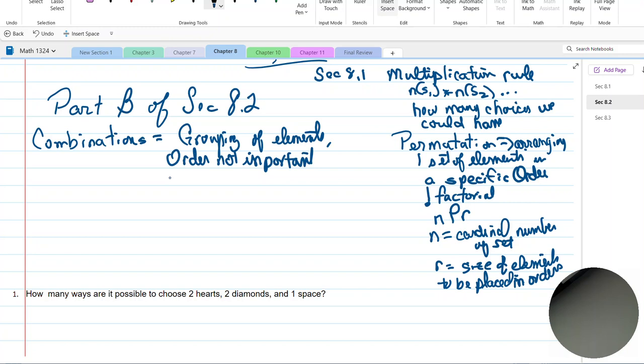And again, we have the N, which is the total number of elements in the set, only one set. And R is the size of the grouping.